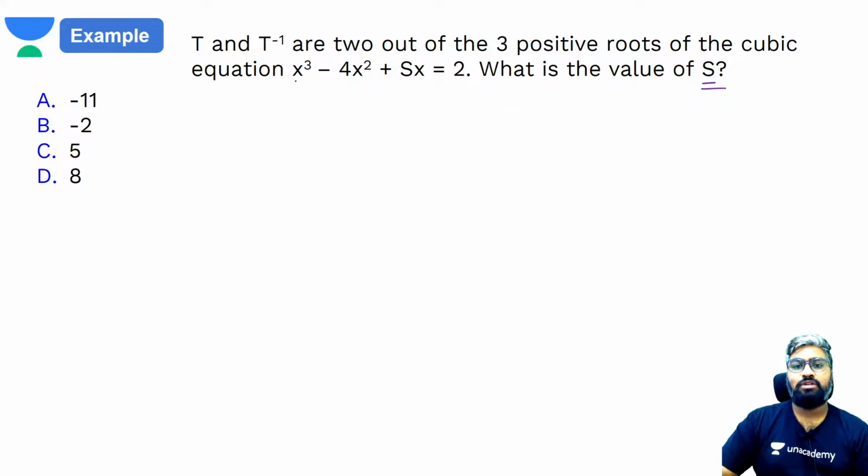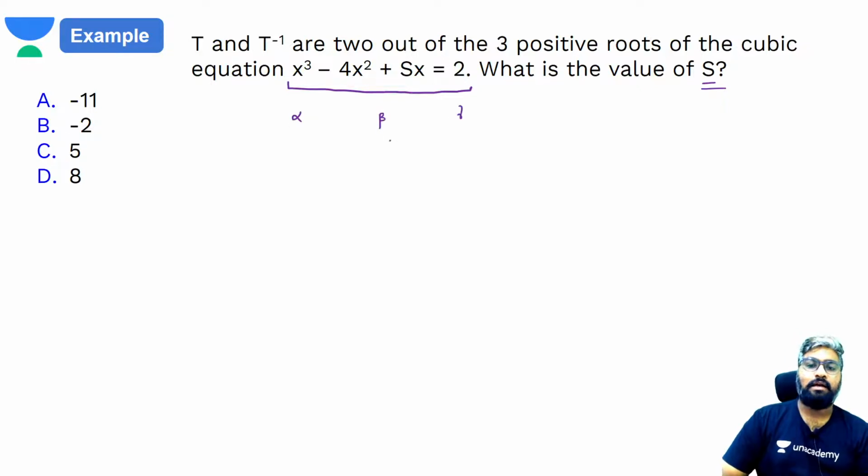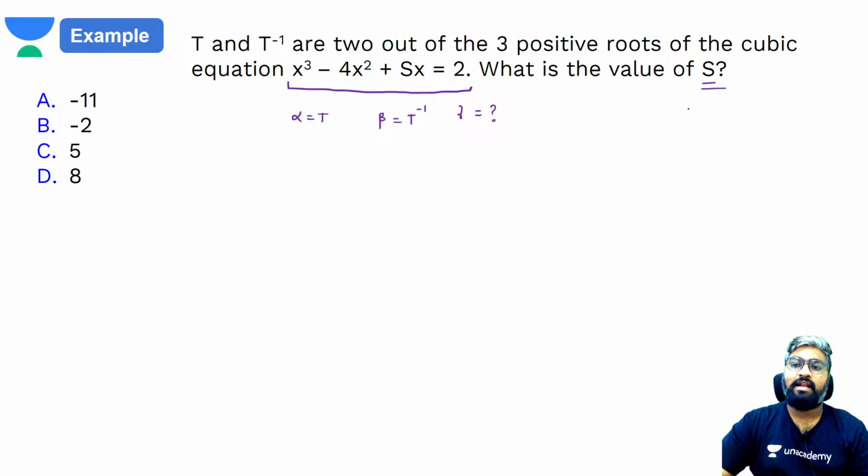So there are 3 roots for this equation: alpha, beta, gamma. If we say alpha is t, beta is t power minus 1, gamma we don't know. They are saying what is the value of s.